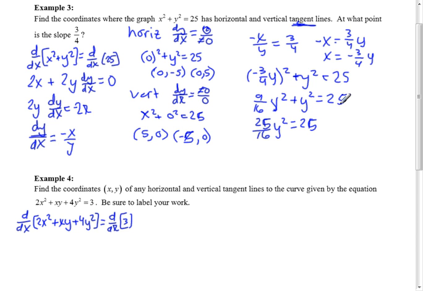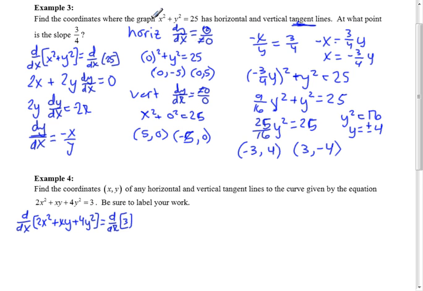So we know that y squared equals 16, and y equals plus or minus 4. Okay, so plugging this back in, if y equals positive or negative 4, we get the coordinates (-3, 4) and (3, -4). Those are the 2 points where the slope is 3/4.